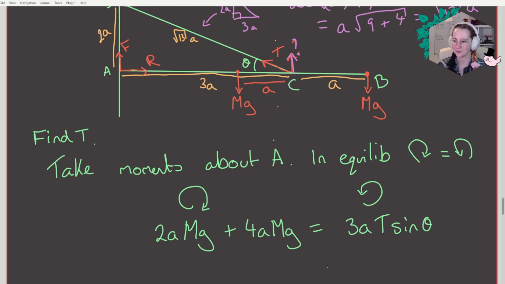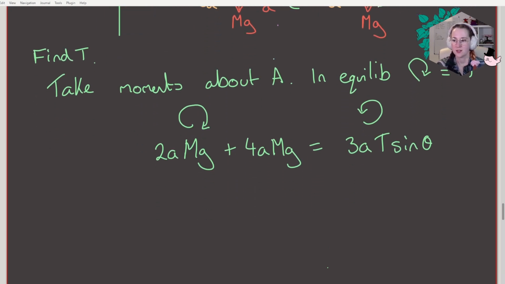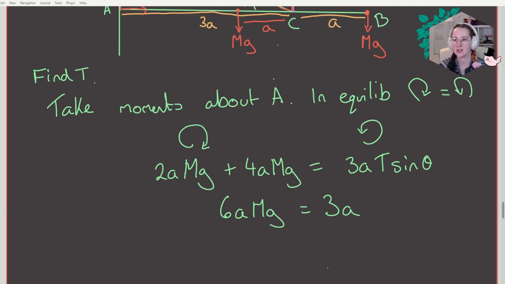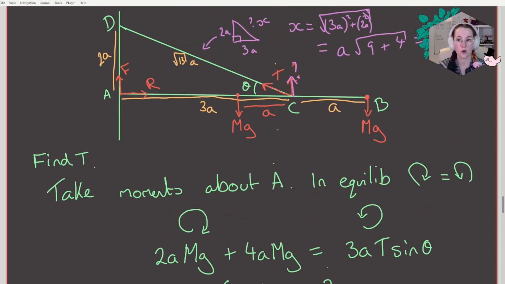So it's 3A, the distance, T sine theta, the vertical component. Resolving this, you get 6A mg equals 3A T, and then we need sine of theta. Sine of theta is opposite over hypotenuse, so it's 2 over root 13.